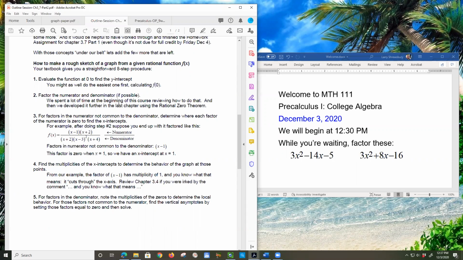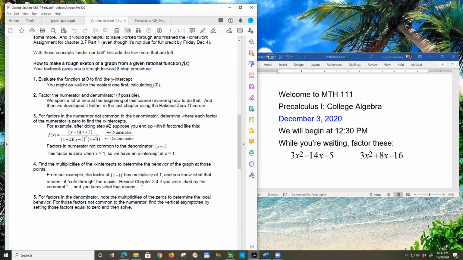Find the x-intercepts. Okay, and then going down here, we're going to find where the numerator is 0 there. And notice where we have those holes.